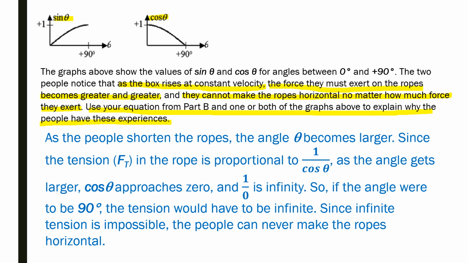Okay, so as the people shorten the ropes, the angle theta becomes larger. Larger as in closer to 90 degrees. Since the tension, which is Ft in the rope, is proportional to 1 over cosine theta.